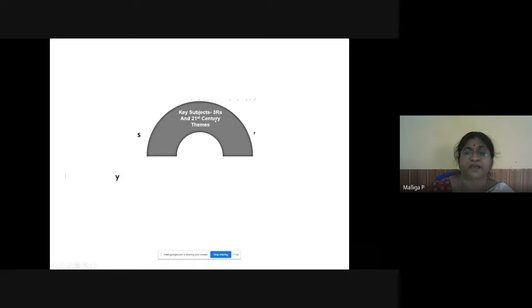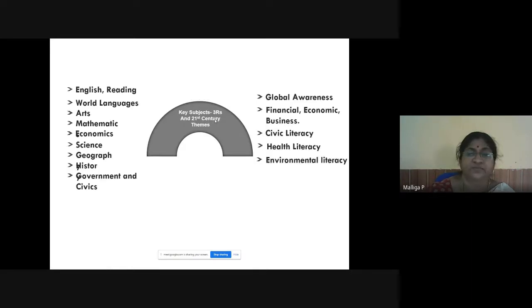First of all, if you see the inner circle, you can see the core key subjects, the 3R, which stands for read, write, and arithmetic. That is a very fundamental thing. Everyone has to know how to read, how to write, and how to do mathematics, okay?